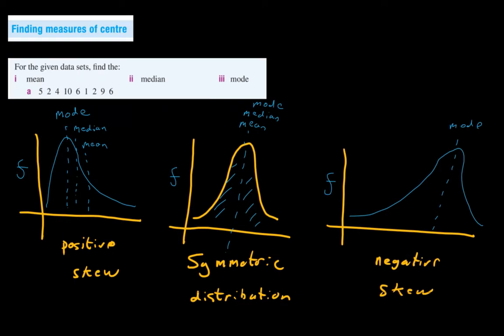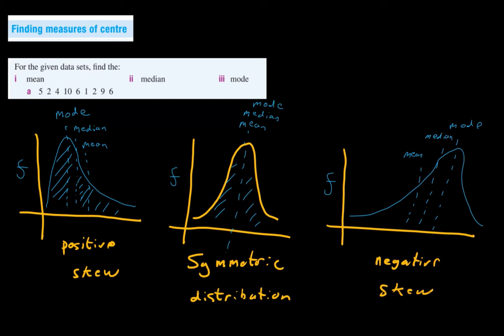Don't forget that the median splits up the graph into 50% either side. Negatively skewed data has the opposite effect. The mean is dragged to the left, and the median is in the middle.